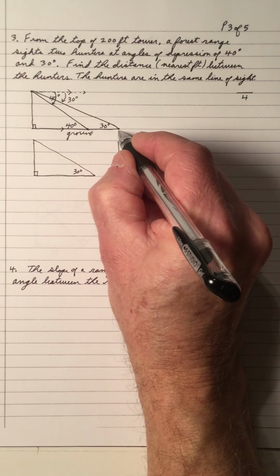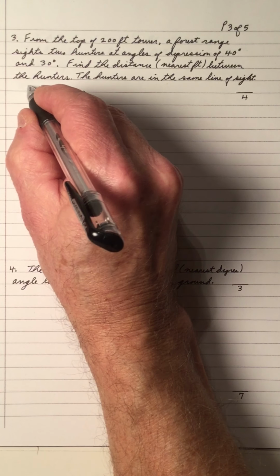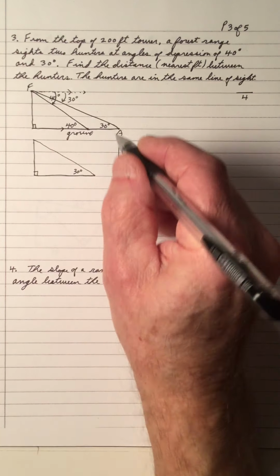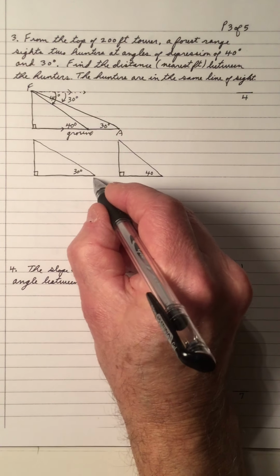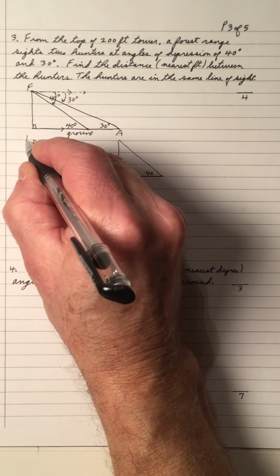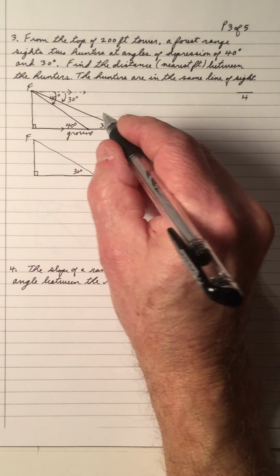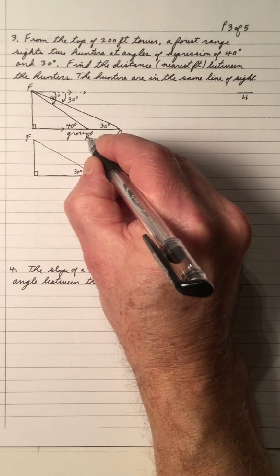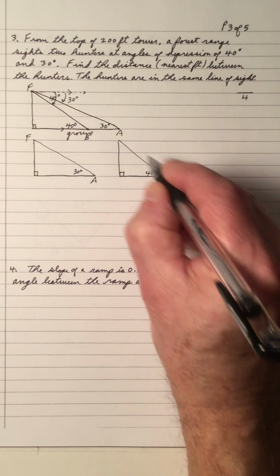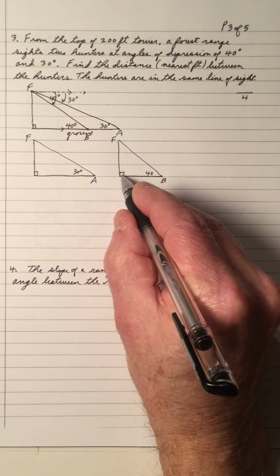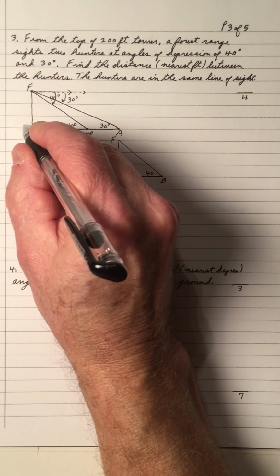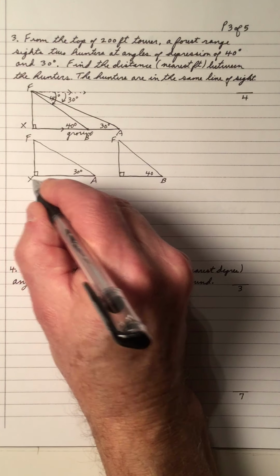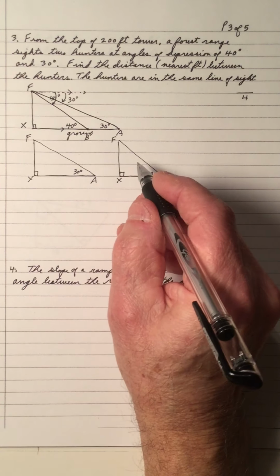So let's label this A, and this is the forest ranger F, and the right angle. So right here that's A, that's the forest ranger, and this one we'll call B, there's B, and the forest ranger, and we have a right angle. We could call the right angle any letter, X. So that's an X, and that's an X.